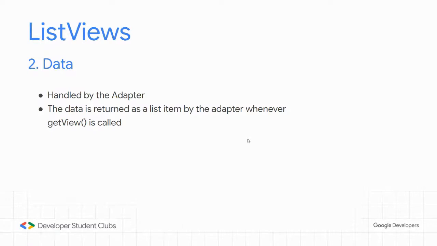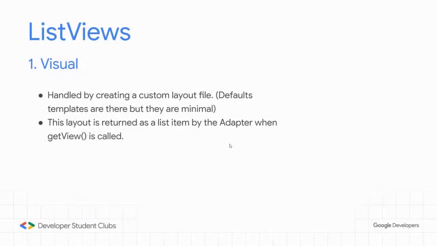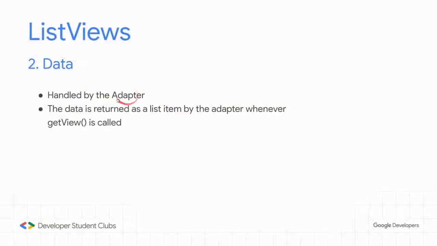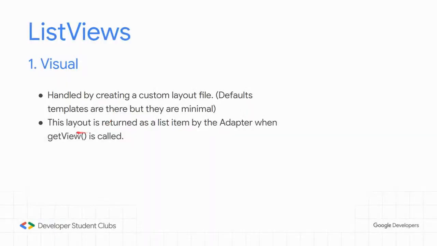So the second component is data. The first was the visual part, which was handled by the layout file and then given to the adapter. The data is almost completely handled by the adapter. The adapter completely handles your data. And if you notice, for the visual part, the layout is returned as a list item by the adapter when GetView is called.